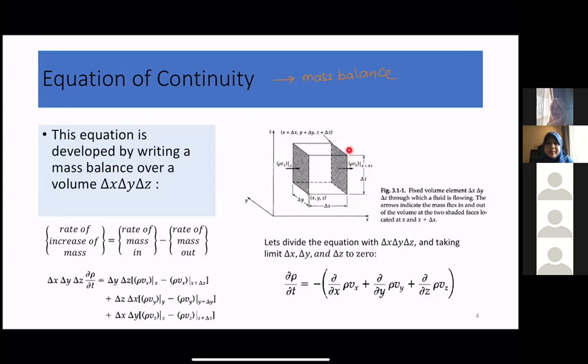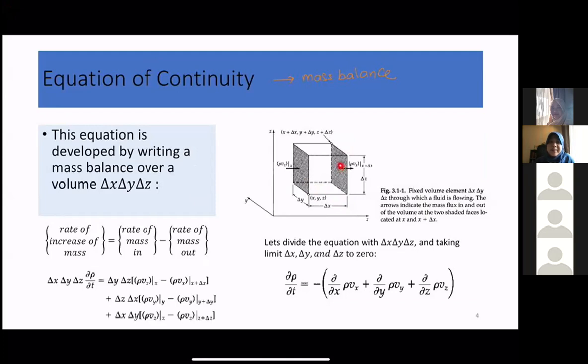Okay, can you try to imagine that? Just consider we have a piece of fixed volume element, delta x, delta y, and delta z. So this is actually the volume.